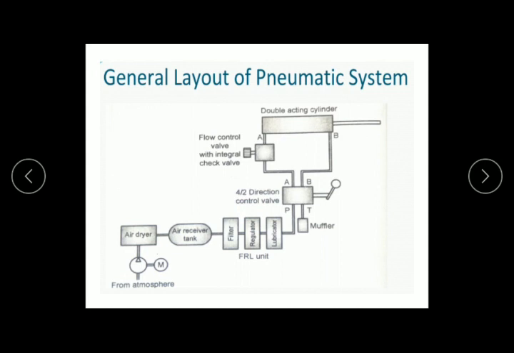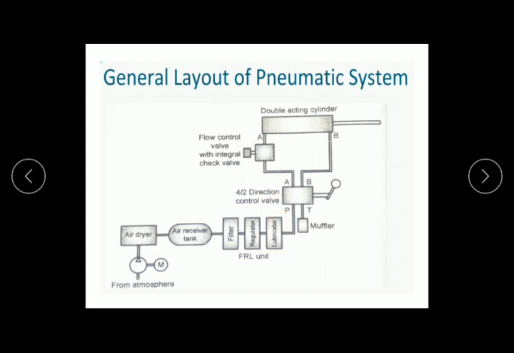After a certain time, the pressure of air may change and we require constant pressure in the system to get smooth operation. So for that purpose, we have to use the regulator.